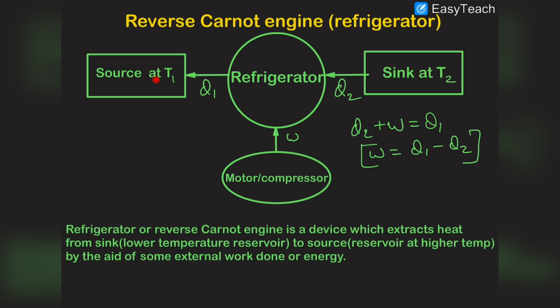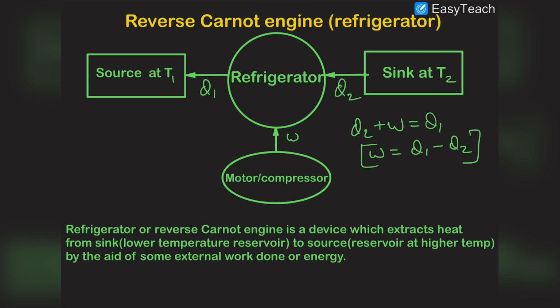In fact, many of the students have a doubt about why we refer to this as the sink, although the refrigerator is extracting the heat from the sink. So the technical word sink is given to this reservoir due to the fact that its temperature is lower, and the higher temperature reservoir is the source, and therefore the source is referred to as source because its temperature is high.